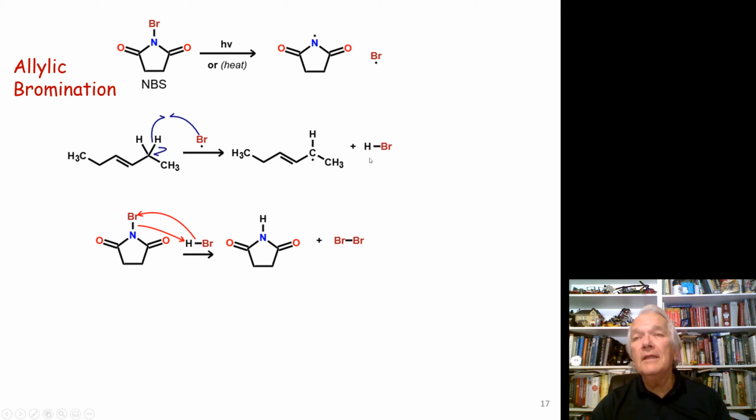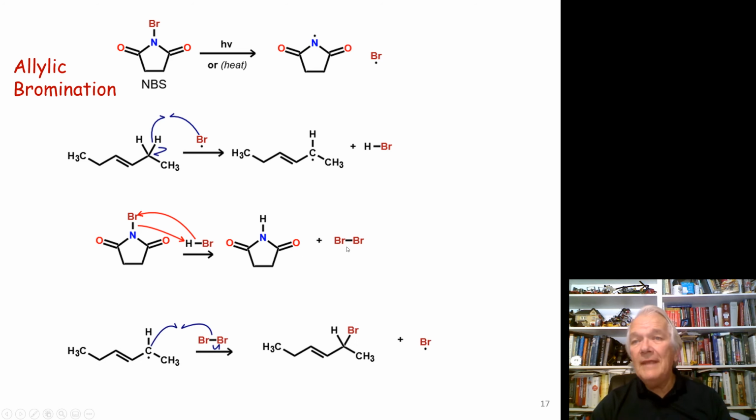We get the HBr because it's the product of that first C-H abstraction. Now what happens? We've made that bromine. Now the radical will come and pull a bromine off the bromine molecule and make a new Br dot, which can go up here, abstract another C-H, and form another mole of HBr. That mole of HBr can react with the NBS, and so on.